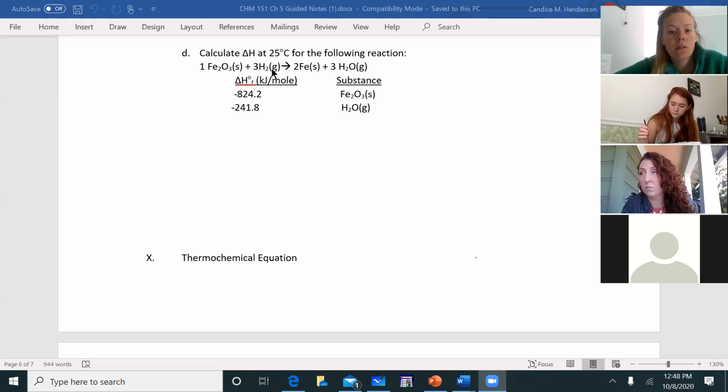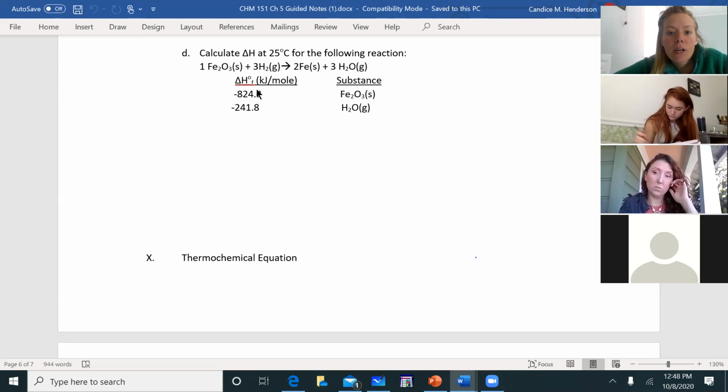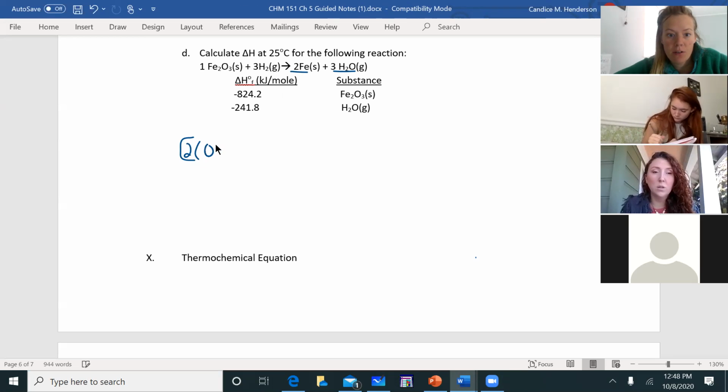All right, so I'm looking at all of this here. We're going to take our products, these two, and subtract the reactants from them. So this first product is an element, so I know that I'm going to take 2 and multiply it by 0.